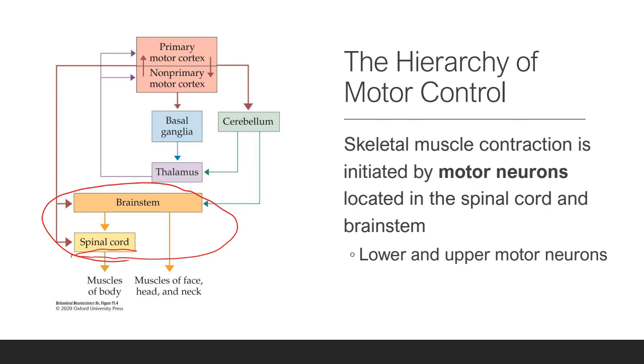We've also got upper motor neurons that are located in higher regions of the brain. The terms lower motor neurons and upper motor neurons are really just a way to indicate where they are located relative to the brain. Lower motor neurons are located in the spine and the brainstem. Upper motor neurons are located above the brainstem.